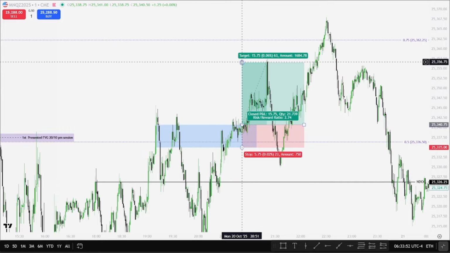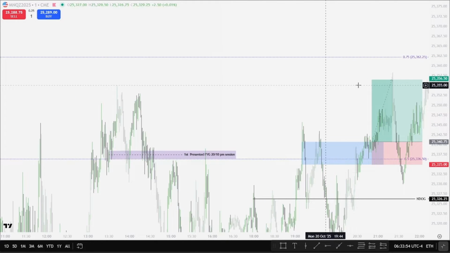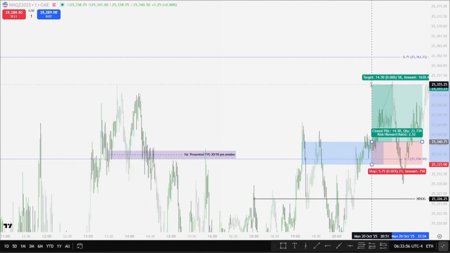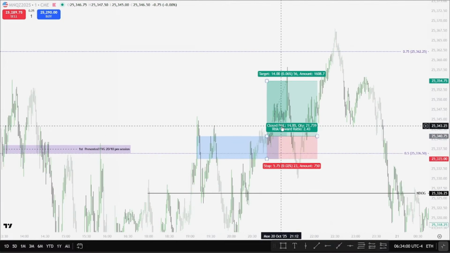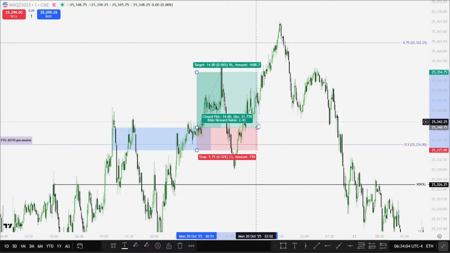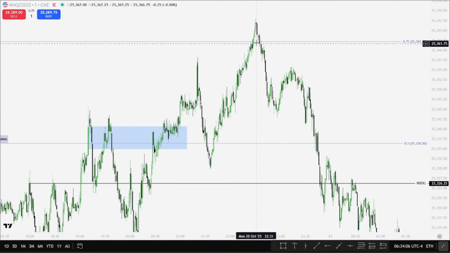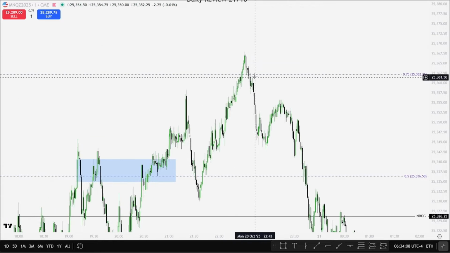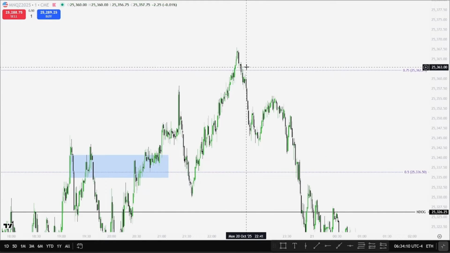Okay, good, to these highs. Small target, 1 to 2.5. Delete. Now, then we go here in this upper quadrant.